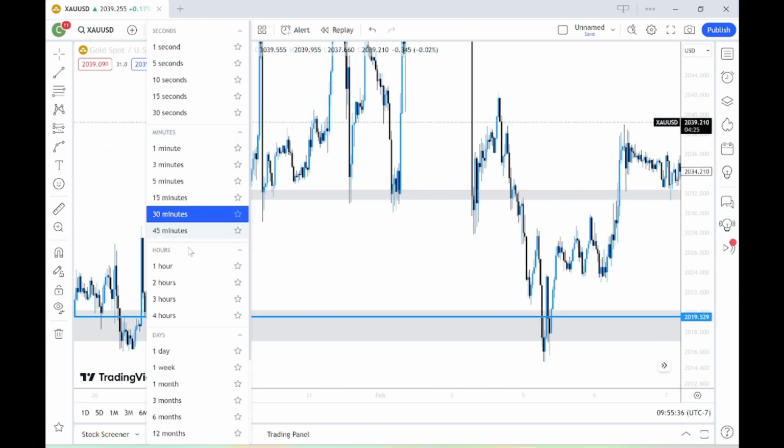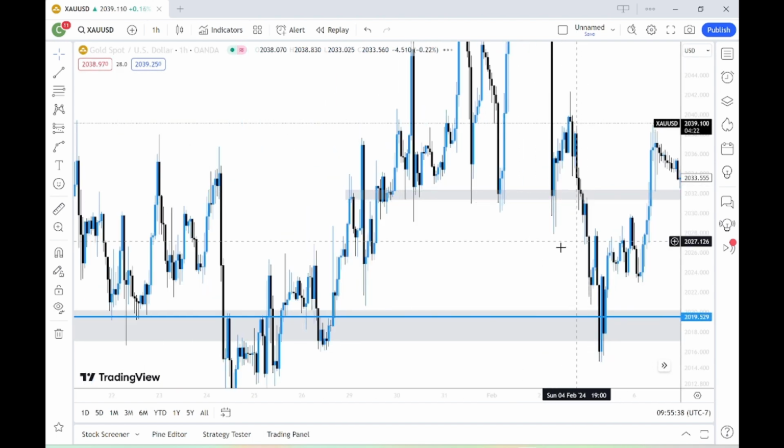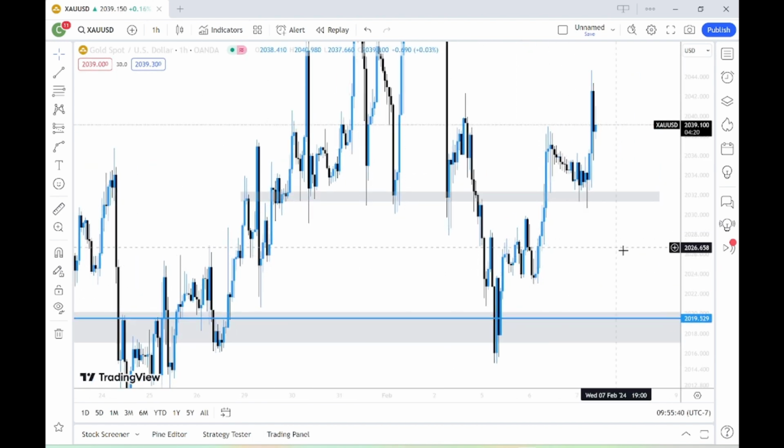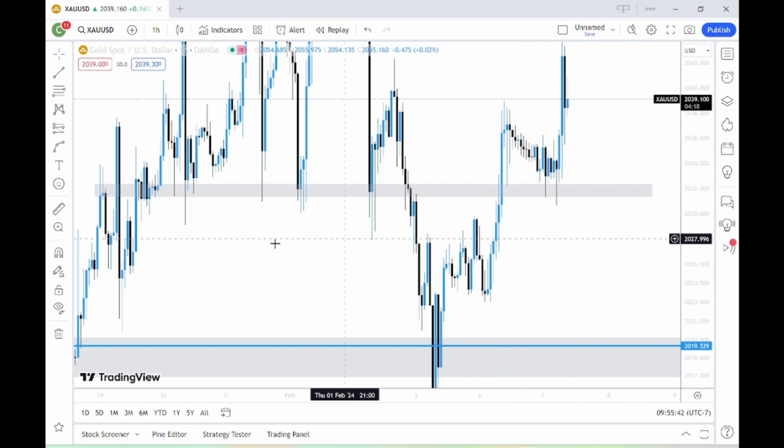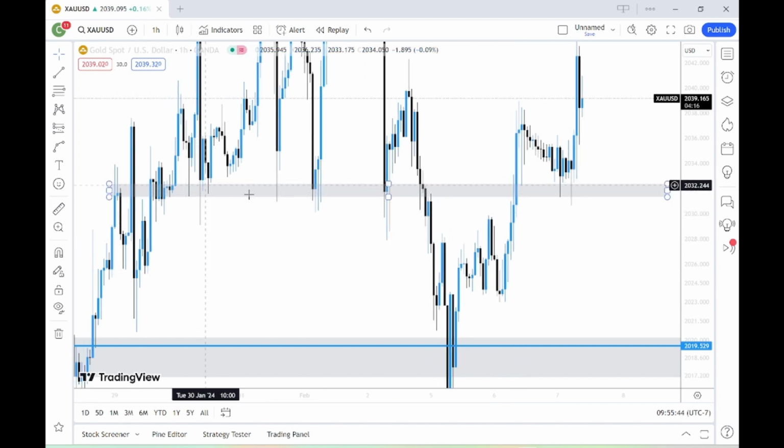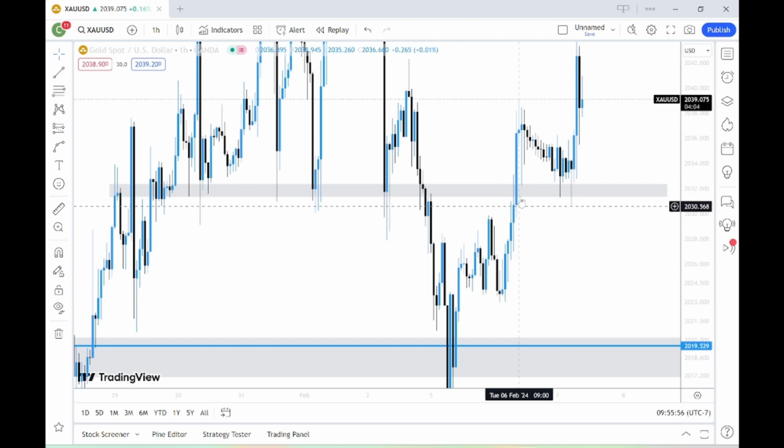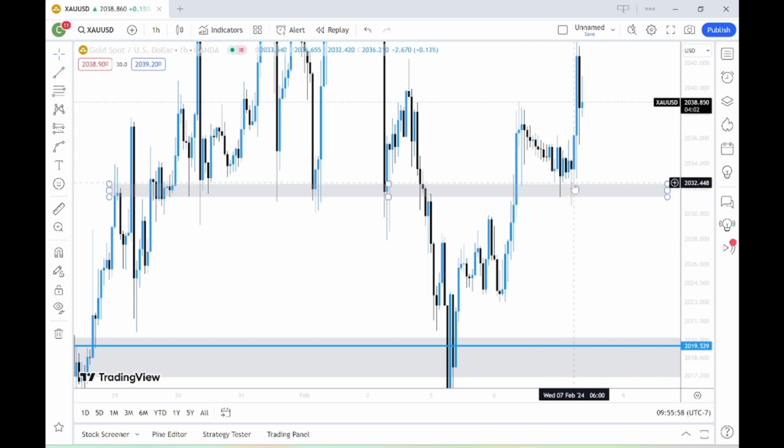If we go to an hourly chart, we will still see this as a key level. It actually looks a little bit more precise on an hourly chart. We have all these little instances where we are respecting the zone. Whether we think this zone will be tested as support or as resistance, like it was here, but it broke through, we just need to know that this is a key level.